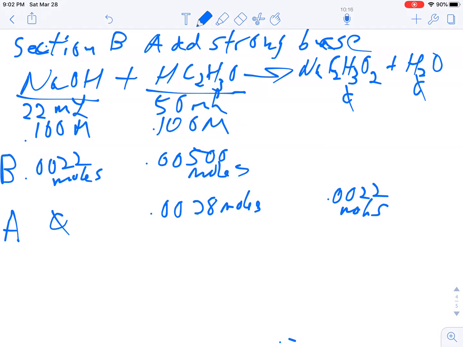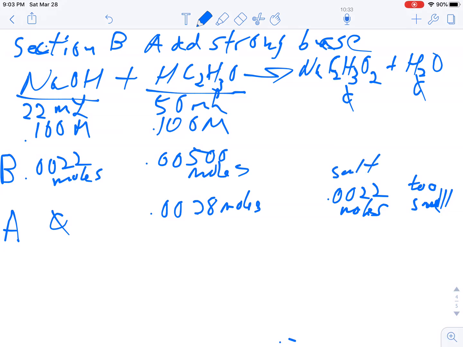Okay, the amount of the moles of water being generated is too small for us to care about. So I've created a salt.